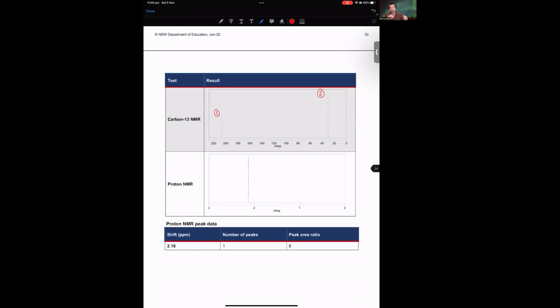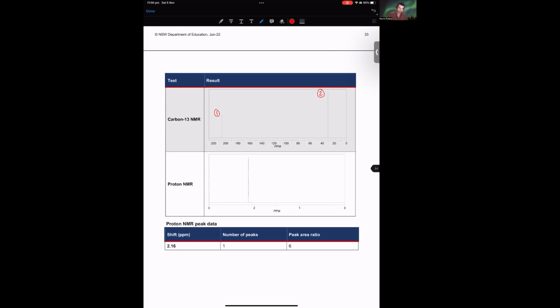It's down past 200, which is a bit confusing because we've ruled out a carboxylic acid and an aldehyde. The only other thing I can think of that may have that kind of effect is potentially a ketone, a carbon double bond oxygen, where the carbon is attached to two other carbons rather than a proton.